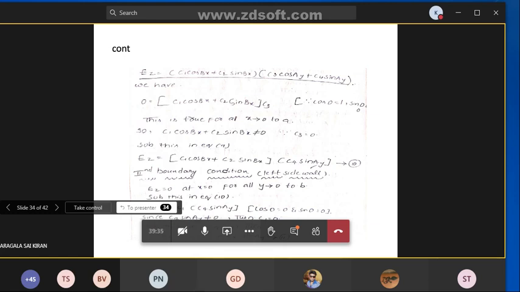In the second boundary condition, C1 becomes 0, right? So we will get Ez equal to C2 C4. The remaining constants are C2 C4, so C2 C4 sin Bx sin Ay. Okay, so up to two boundary conditions you will get Ez equal to C2 C4 sin Bx sin Ay.